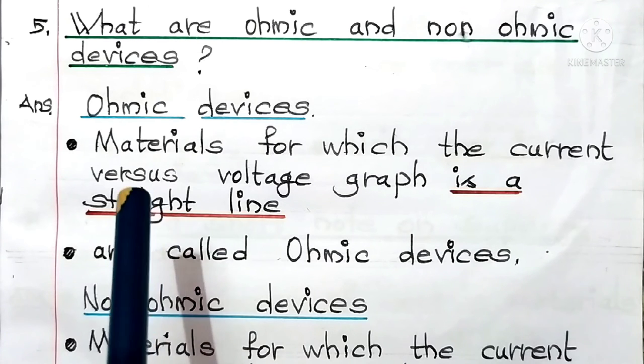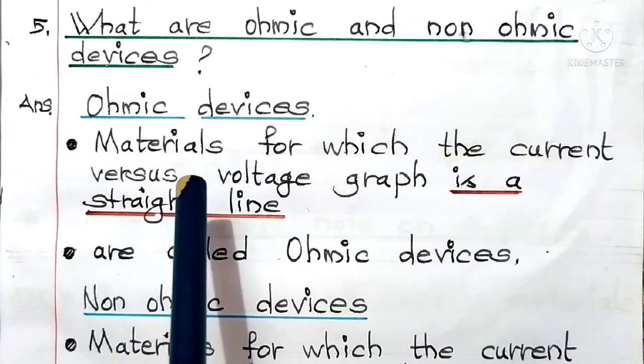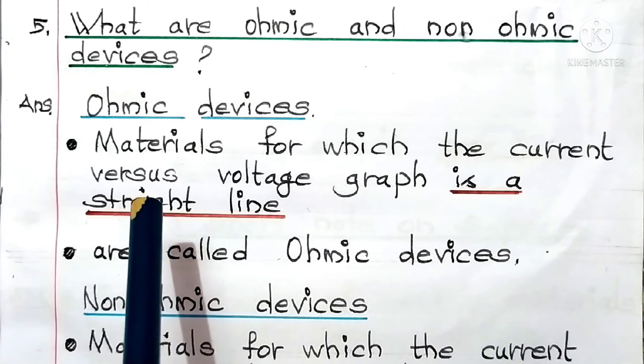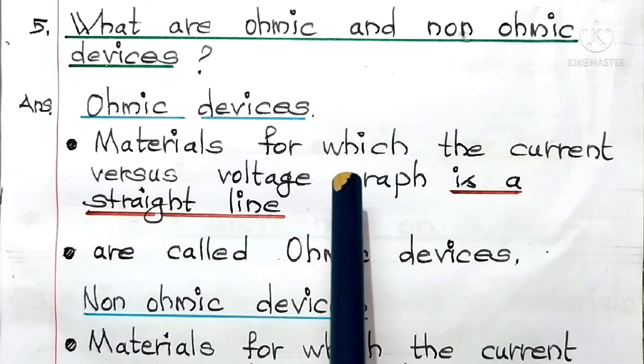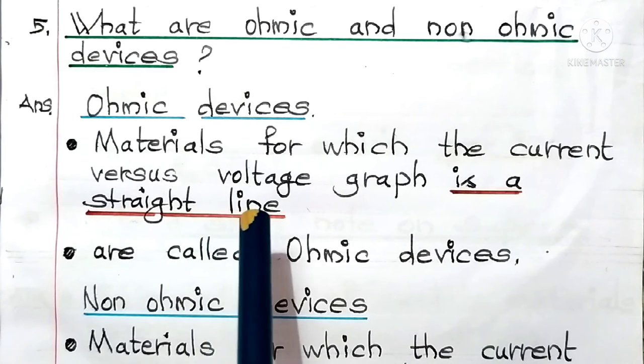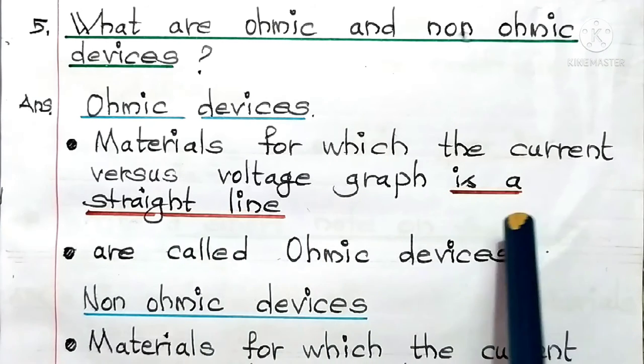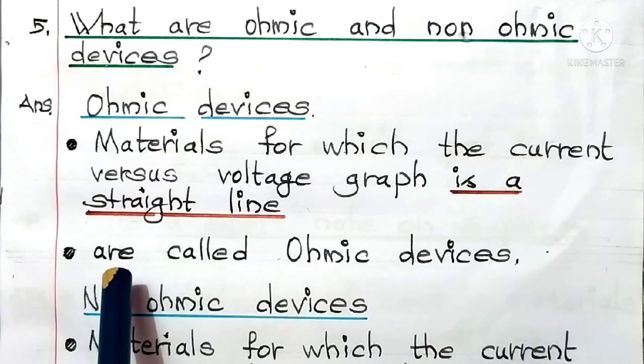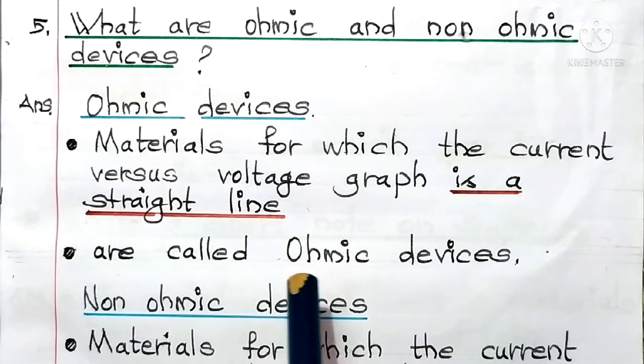Let us take a few materials and plot a graph for the current and the voltage for those materials. If the graph comes out to be a straight line, then those materials are called ohmic devices.